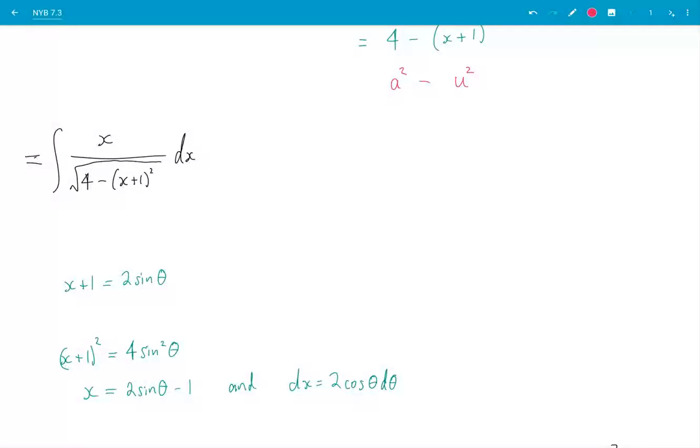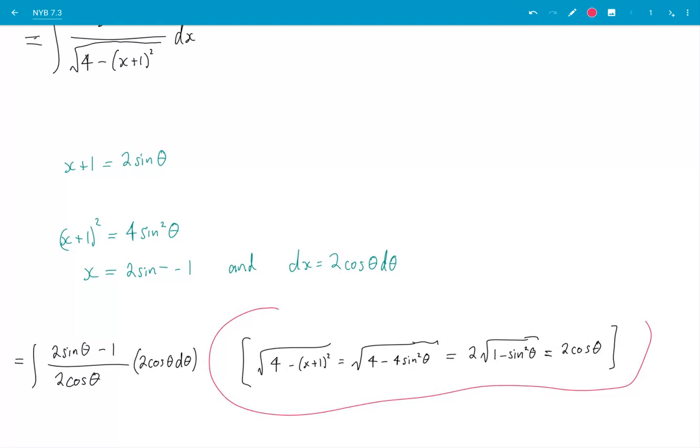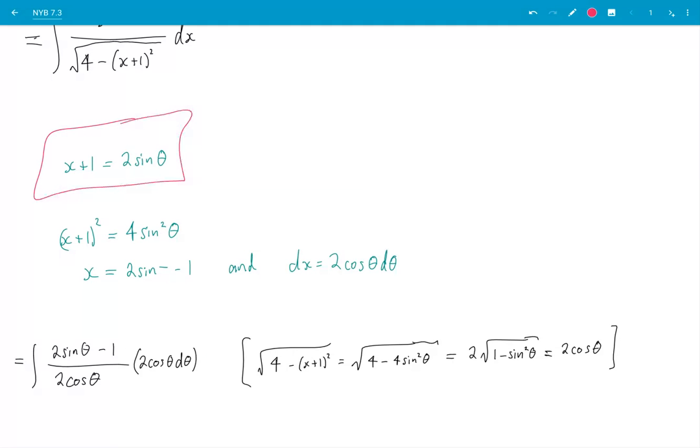And if I solve for x, I'm going to get this. And if I take a derivative, we'll get this here. Okay, plug it in, work it out. In the square bracket, you can see some more motivation for the choice that I made up here.